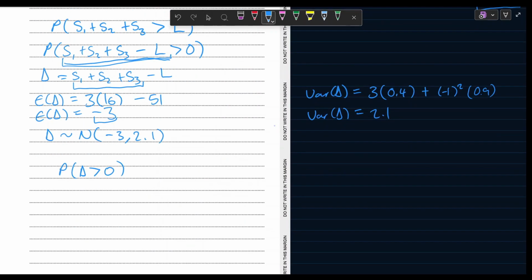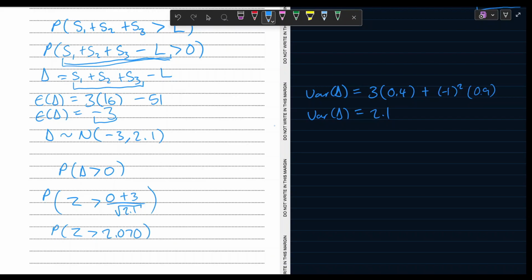And we can standardize. So that would be Z is greater than 0 minus -3, so 0 plus 3, over the square root of our variance, 2.1. So that's the probability that Z is greater than 3 over the square root of 2.1.